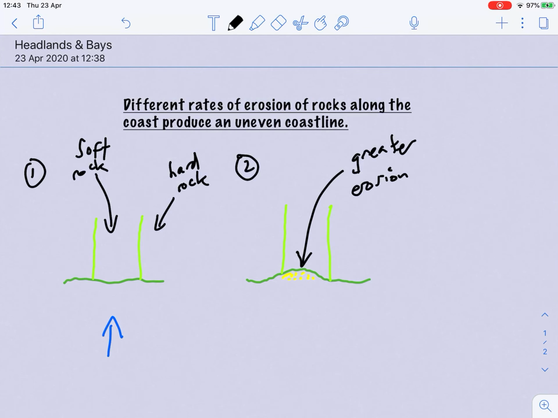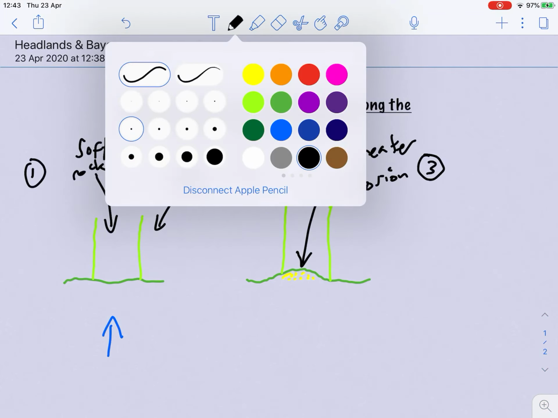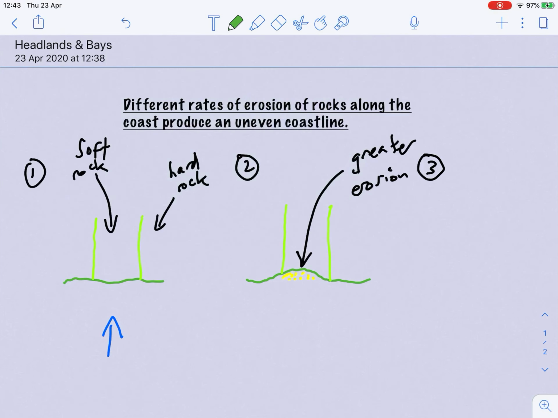The third and final stage, we can see that the shape of the coastline is further exaggerated to create this shape. Let's keep our rock types separated here.